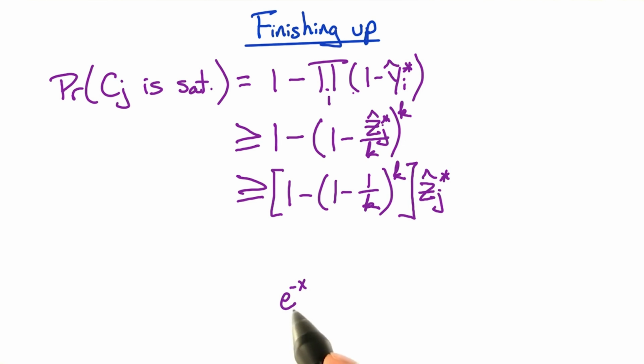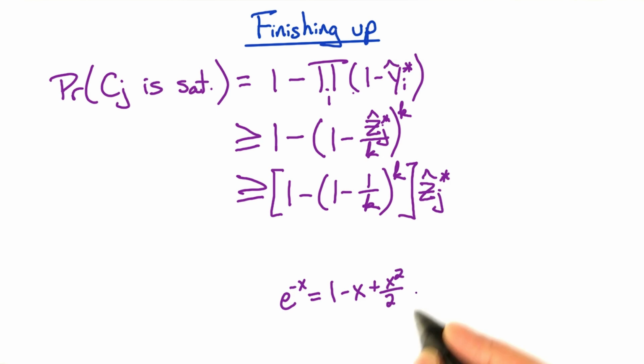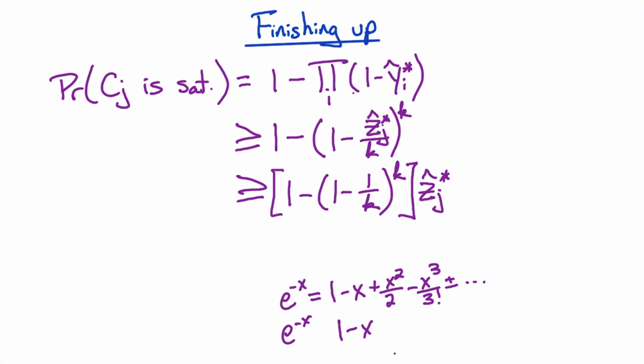If you recall the Taylor series for e to the minus x, it's 1 minus x plus x squared over 2 minus x cubed over 3 factorial, and so on, an alternating series. Now what if we want to relate e to the minus x to 1 minus x? Well, the next term is positive, so e to the minus x is going to be bigger. So 1 minus 1 over k is at most e to the minus 1 over k.